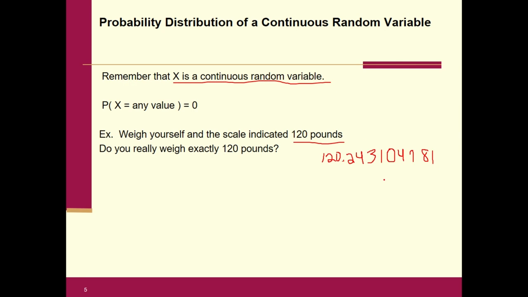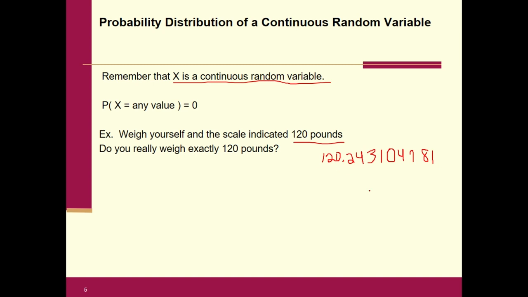But we have to ask ourselves, did you weigh exactly that? The answer is probably not. We could always take it out another decimal place. And so the probability that you weighed exactly 120 pounds is 0. The probability that you weigh exactly 120.2 is 0. That you weigh 120.24, 0.